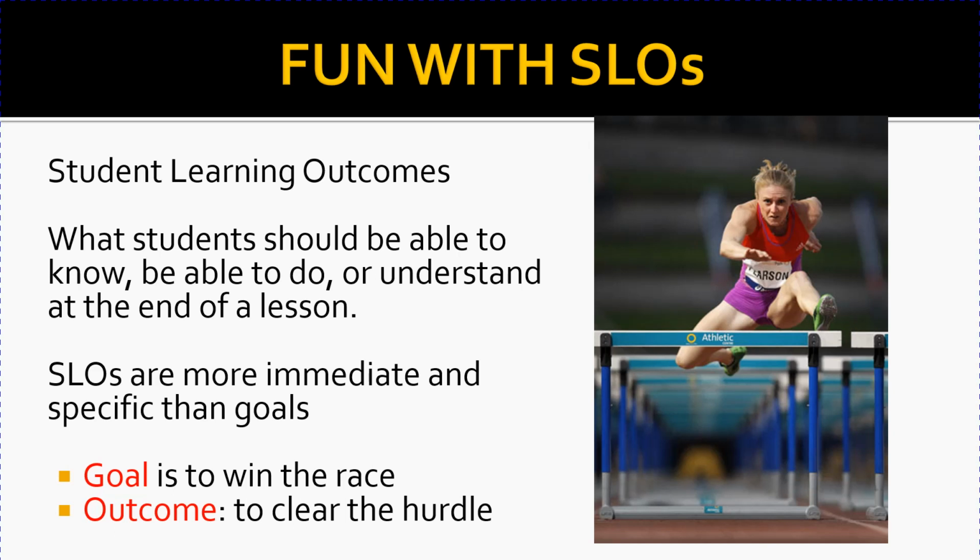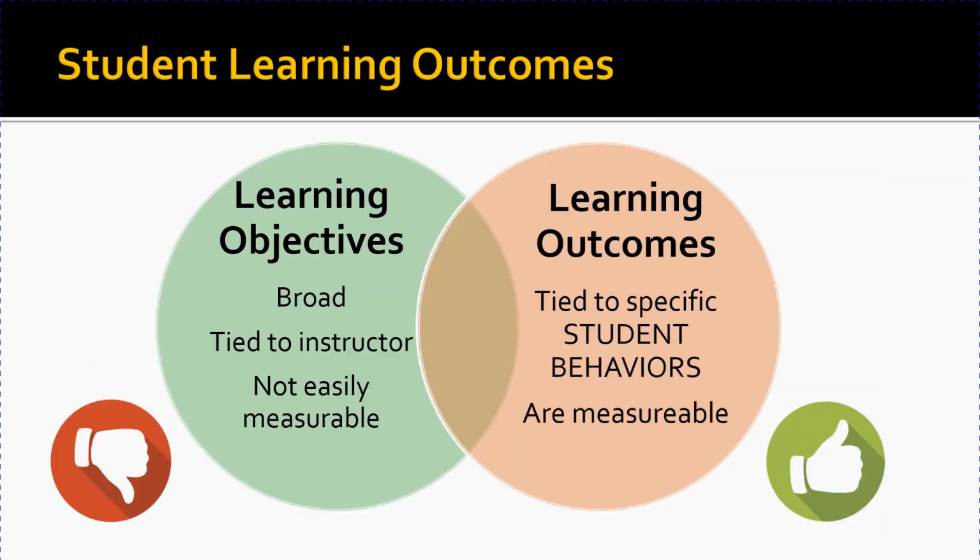So an SLO is a short range, often after one lesson, episode of learning, episode of assessment, where you can see if your students have got it. So in order to make sure they've got it, you have to be really specific. So here we go. Last video, I talked a little bit about the difference between these two things.